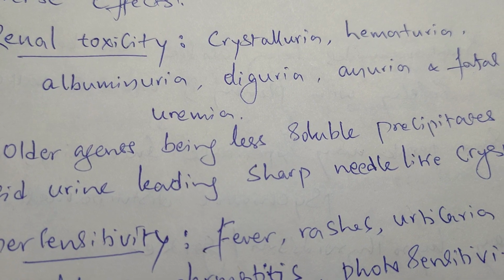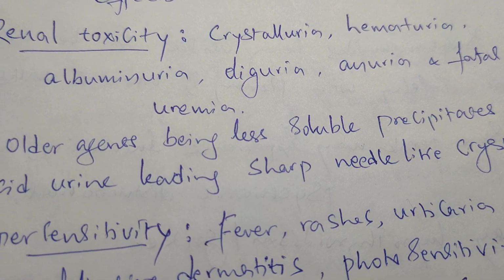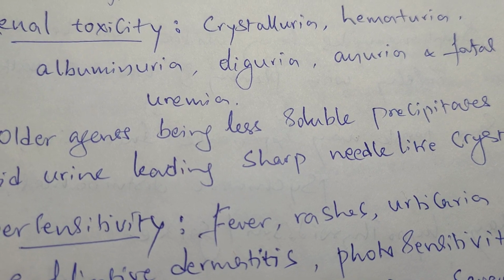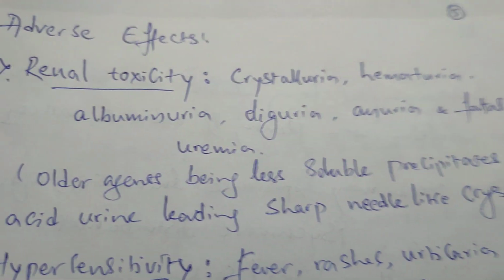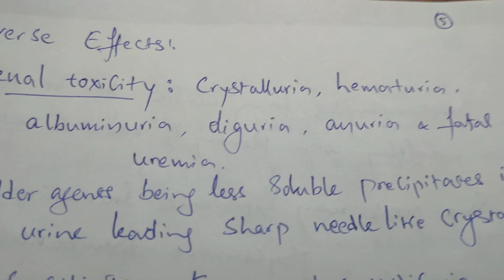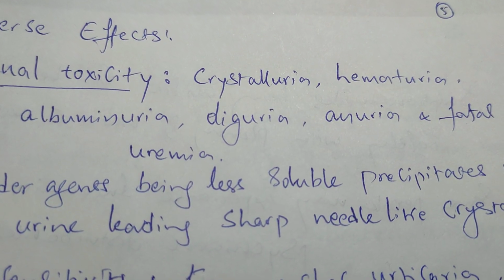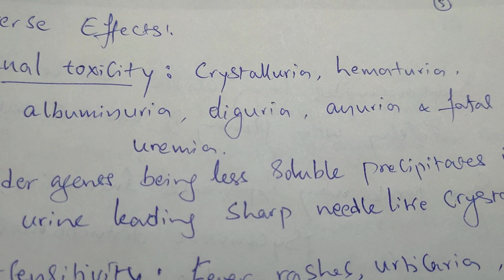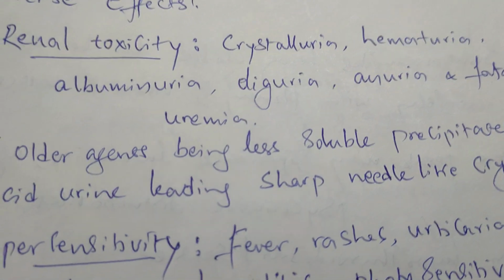These sulfonamides precipitate in the urine and form sharp needle-like crystals. So the first problem with sulfonamides is that they produce crystalluria, and some crystals may pinch the urinary tract and lead to bleeding, a condition called hematuria, blood excreted in the urine.